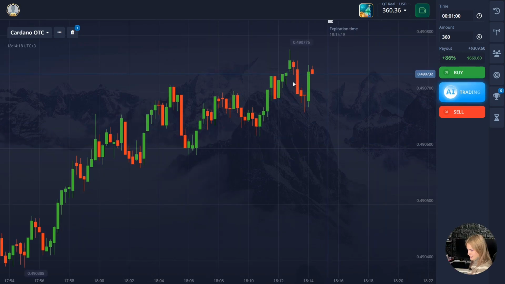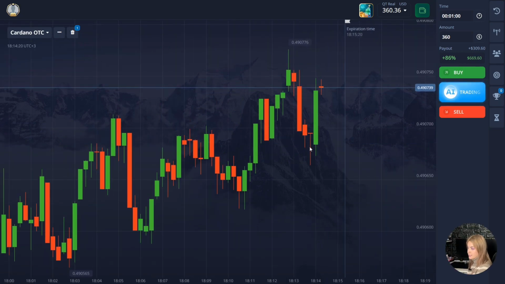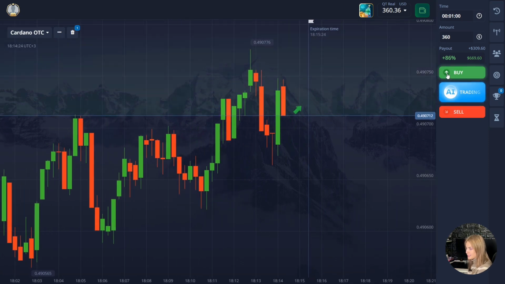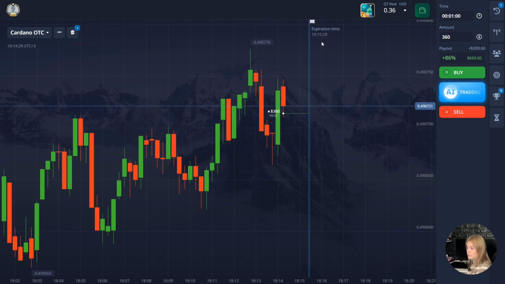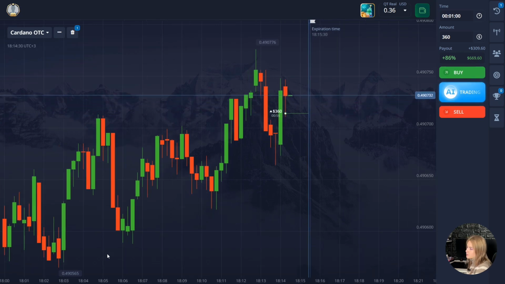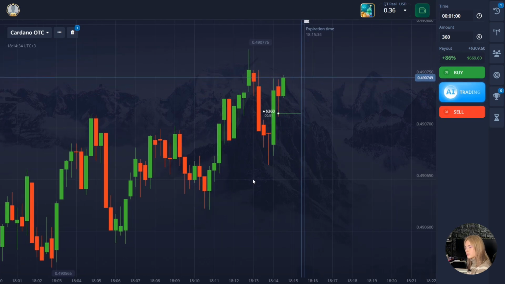So as you can see, after the decline, our price made an upward impulse, and in such situation we'll open a deal for a minute to buy, because I think that the price will still show growth, because we also see that the main price lows on the chart are rising and the price is moving in waves. That is, after growth, it usually shows a strong decrease.